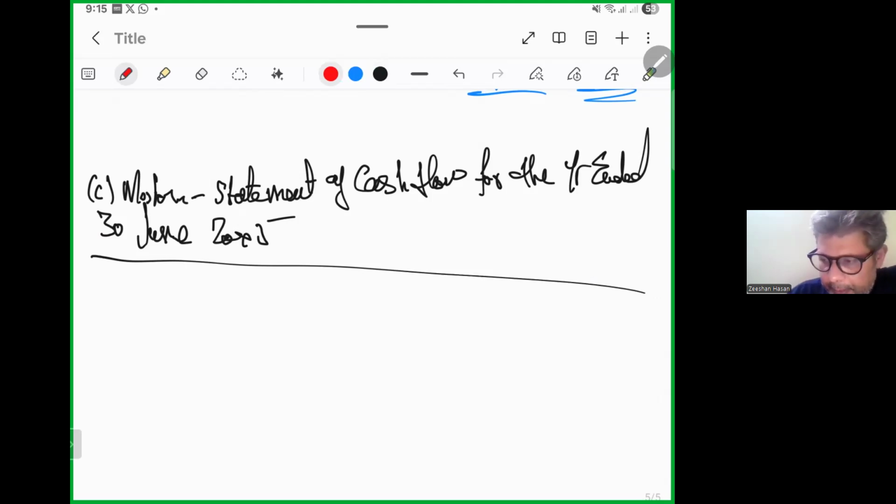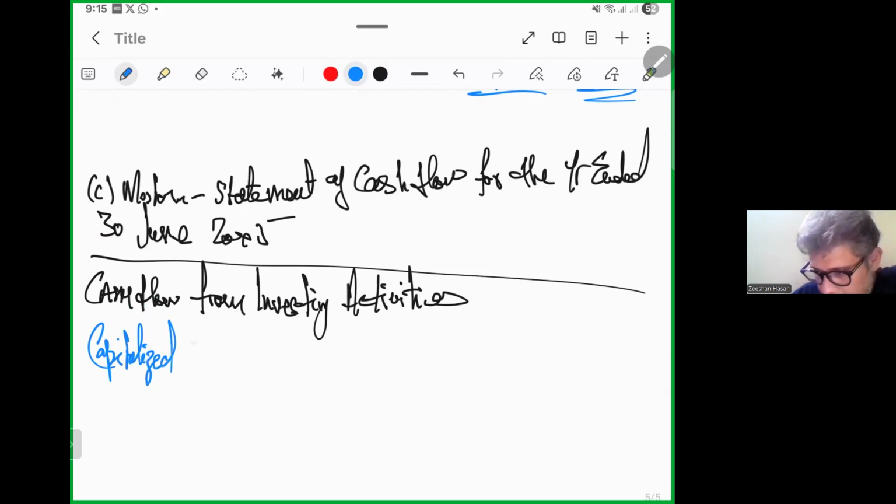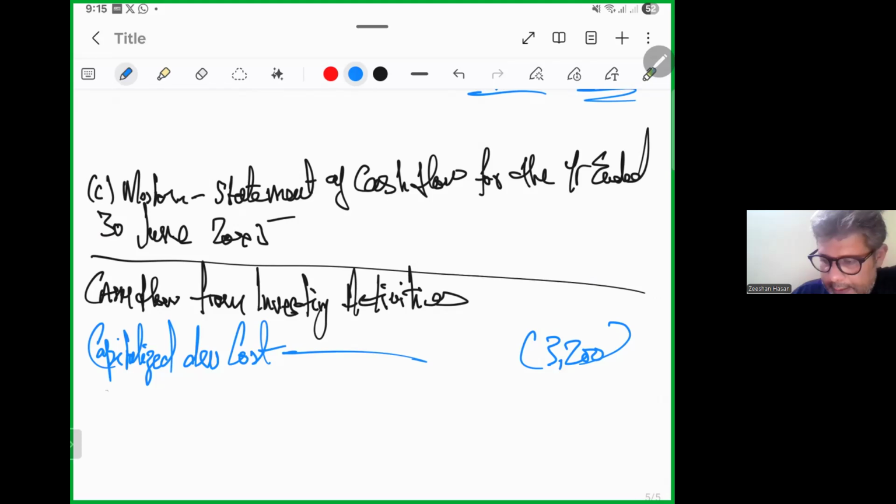So cash flow from investing activities: capitalized development costs, 3,200, investment income, 300.